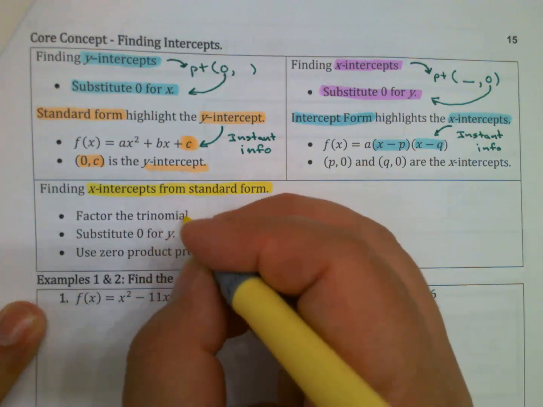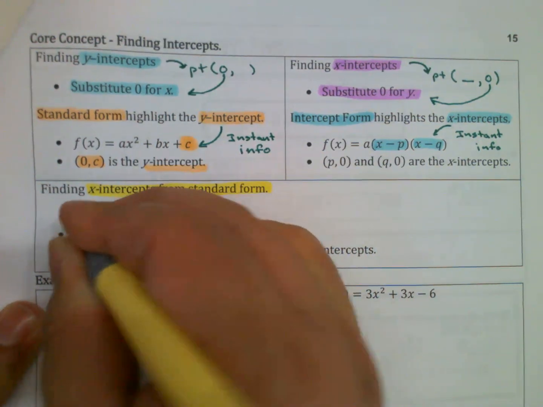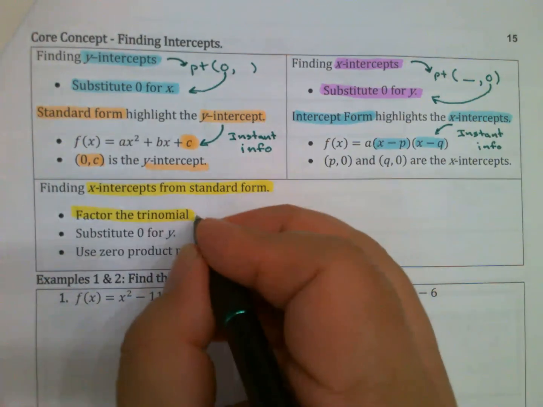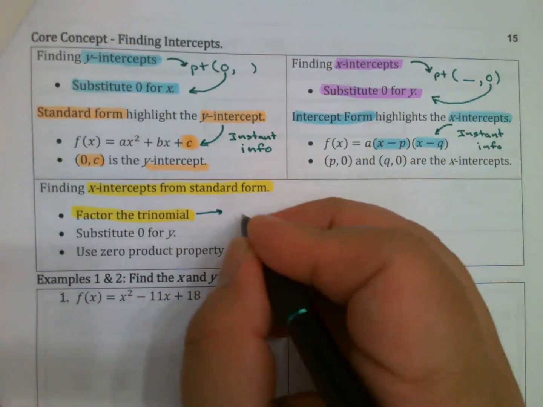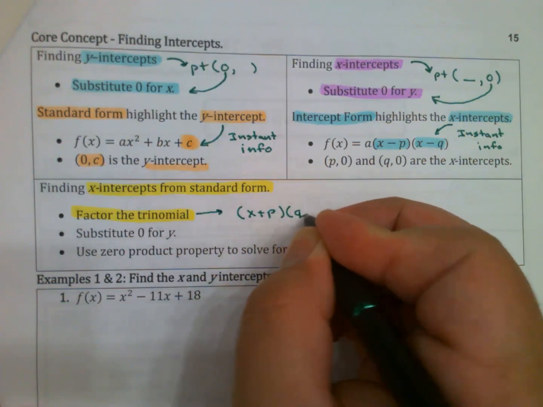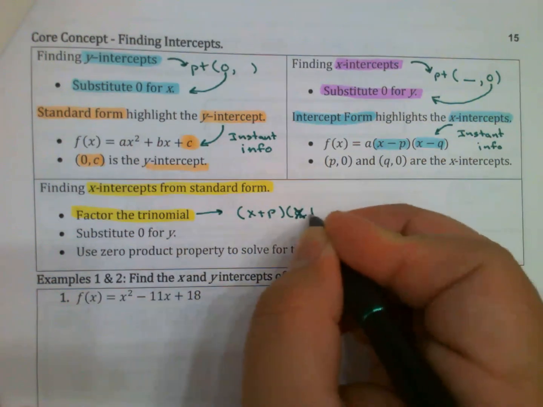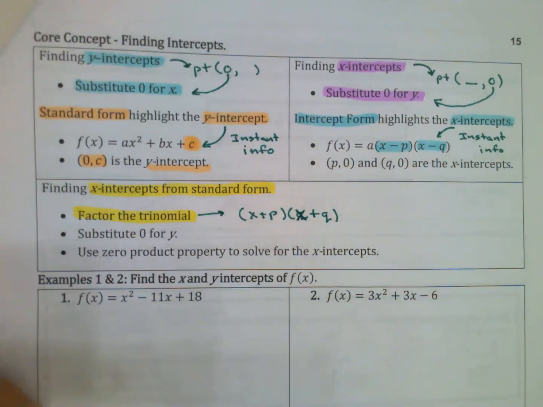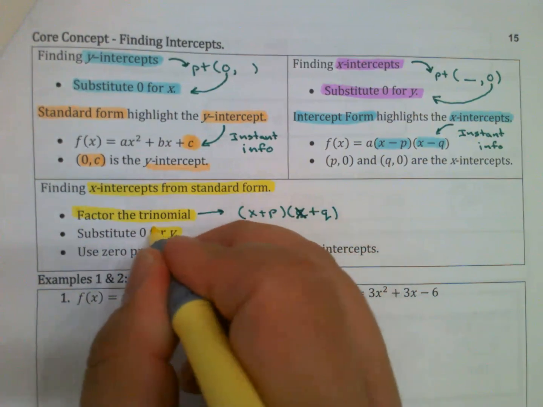Well, that's where we bring everything we've learned. Look, you factor it. Remember, make sure you look for GCF, because when you factor it, you're going to end up with something that looks like this: (x + p)(x + q), kind of like it does over here. Then you're going to substitute 0 for the y.